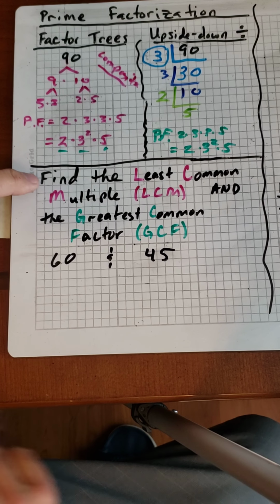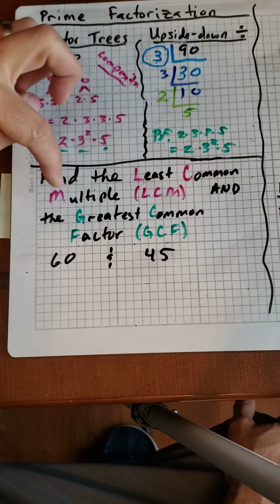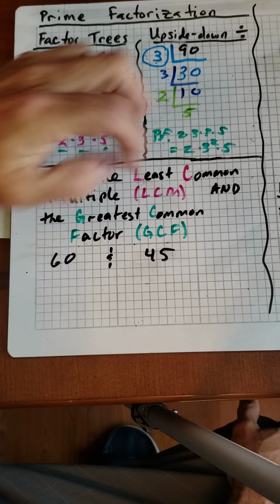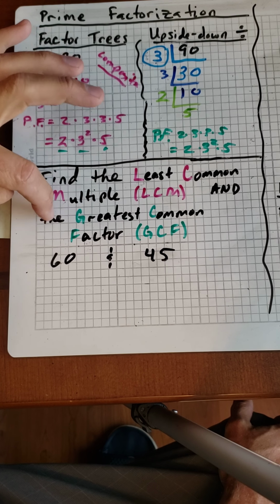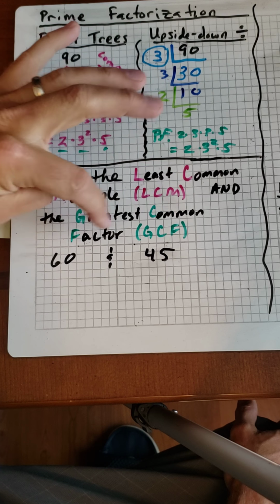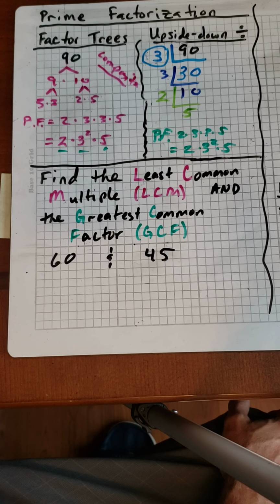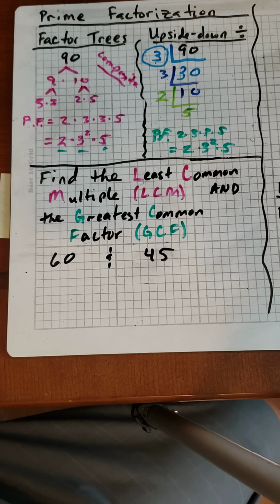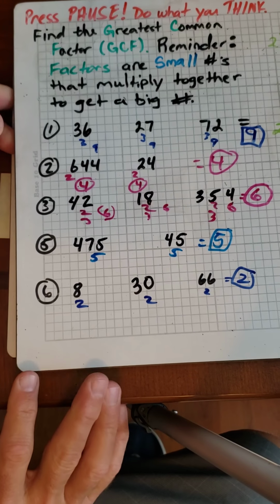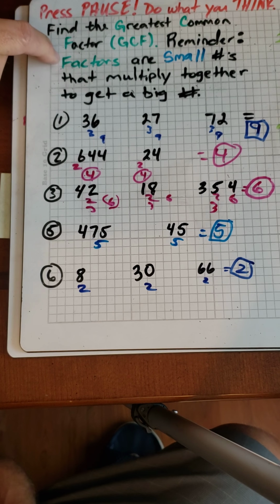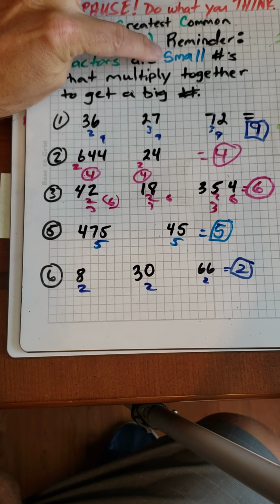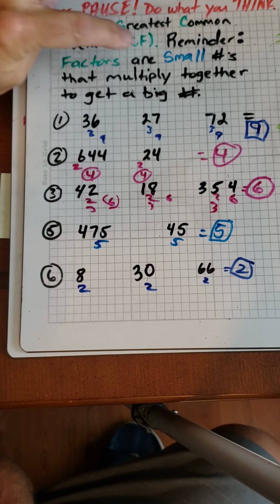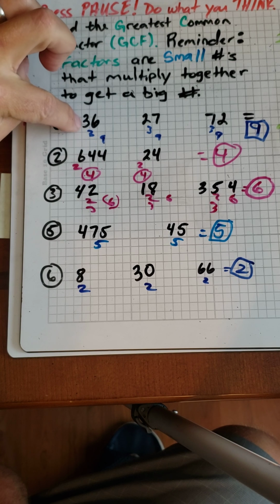Now what this says is find the least common multiple, the LCM, and the greatest common factor, or the GCF. Okay, so if we look back at the very first activity that we did here, I reminded us that factors are small. We want to remember that. Factors are smaller than these numbers.